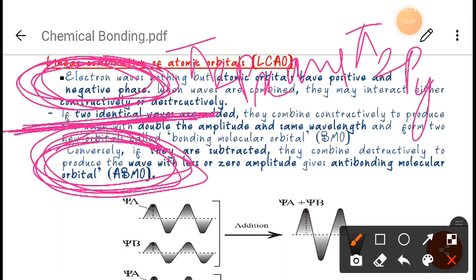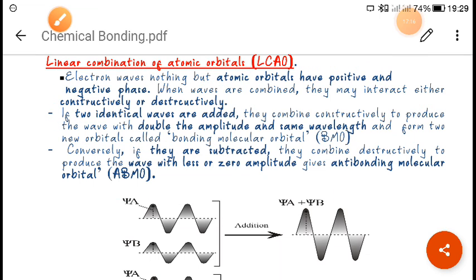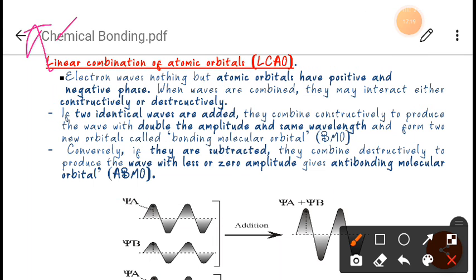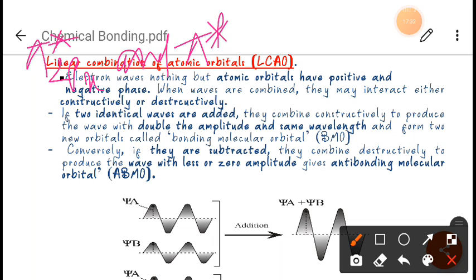Now when we talk about the anti-bonding molecular orbitals, pi star 2px and pi star 2py, we have seen that the orbital possesses least electron density in the internuclear region, like this.